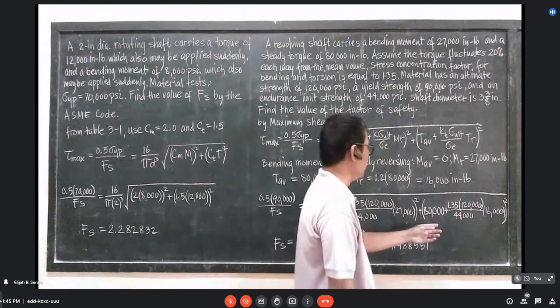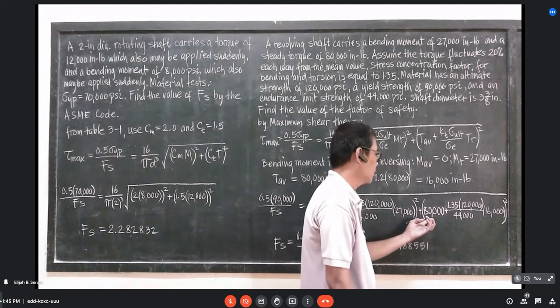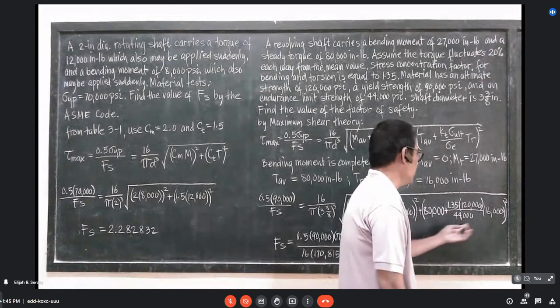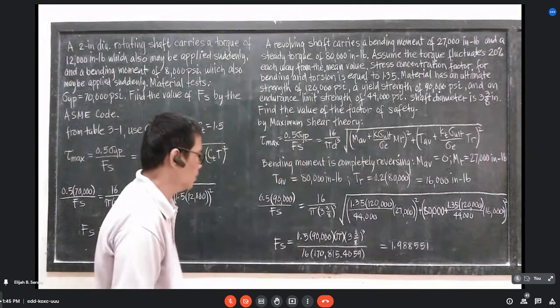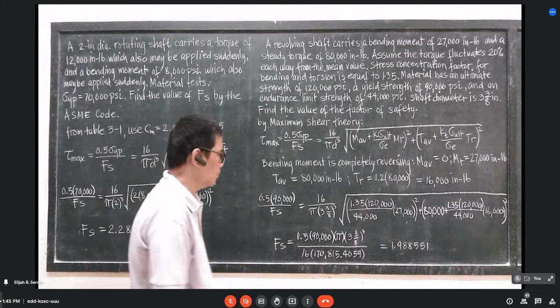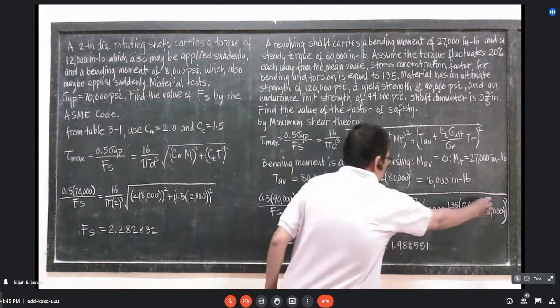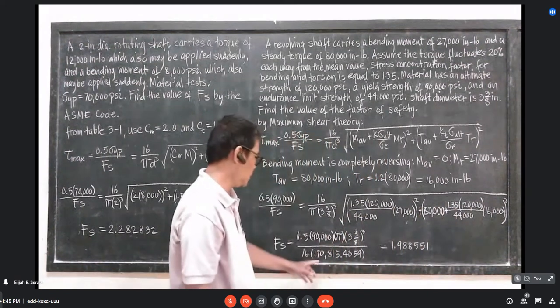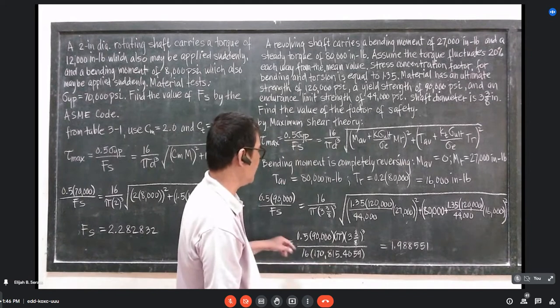However, in the torque, we have an average component and a range component. Simplifying what I did here, I first calculated this one, and then solved for the factor of safety.